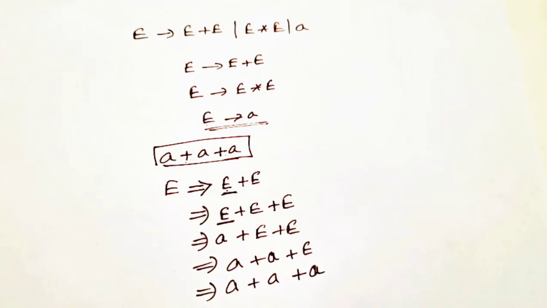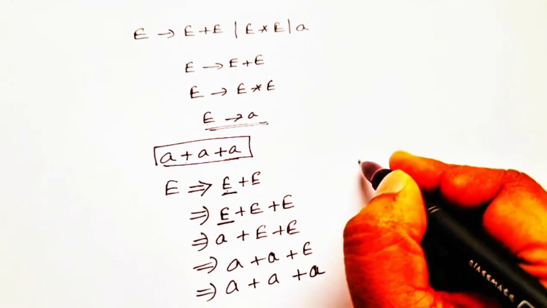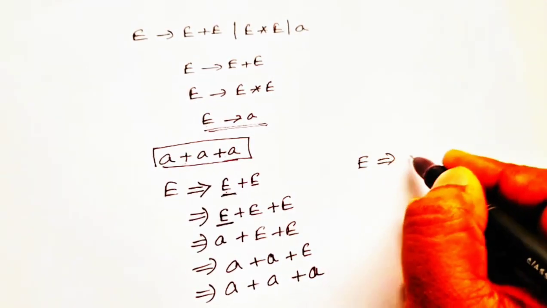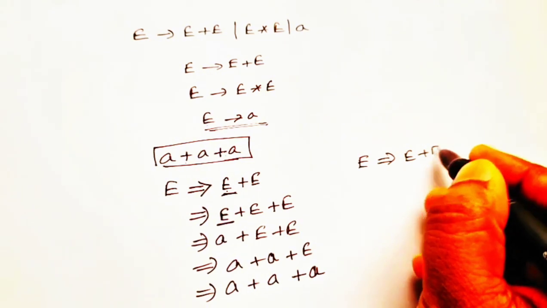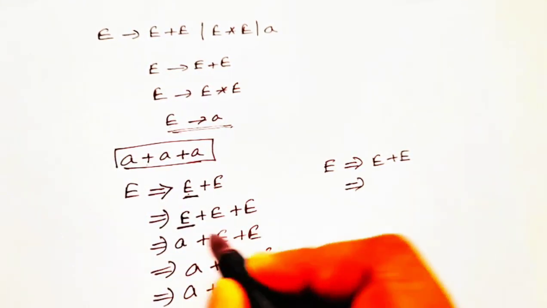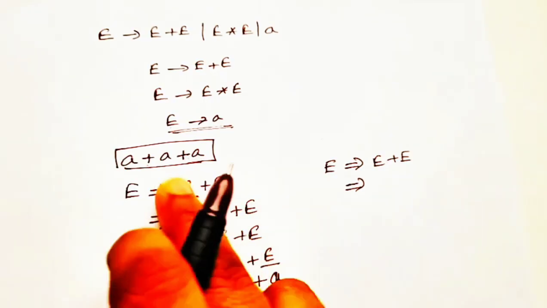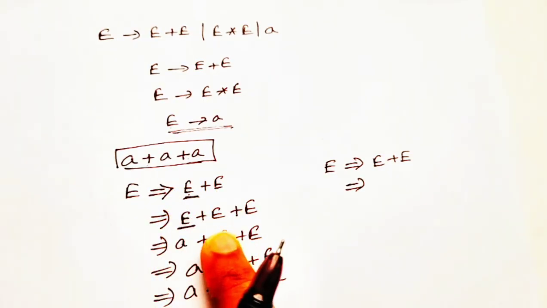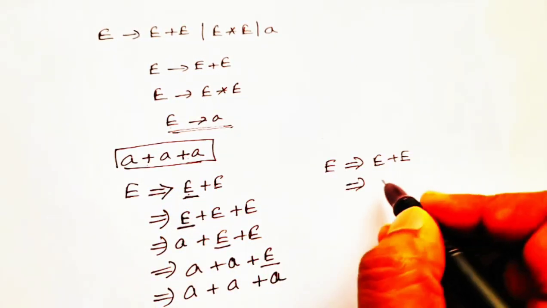Okay. You can derive this string in another way also. See, again I am taking E plus E. In this derivation, these are the non-terminals I have replaced.